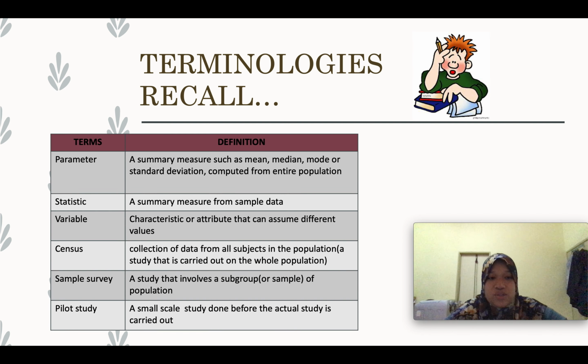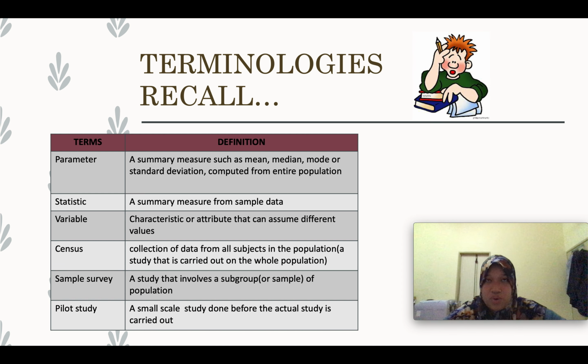Next, what is a parameter? A parameter is a summary measure such as mean, median, mode or standard deviation computed from the population. Let's say all students in UiTM police, either diploma, degree or PJJ students, are included in my study.